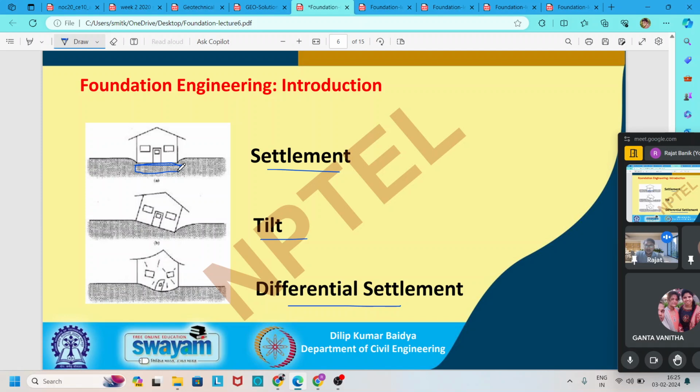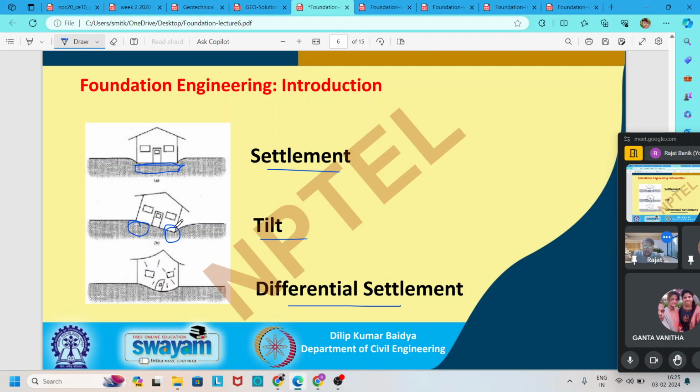This is called settlement. A tilt means if one side of the soil below the foundation is strong and another side of the soil is weak, there is a possibility to tilt, or we can say it goes down at an angle into the ground surface.